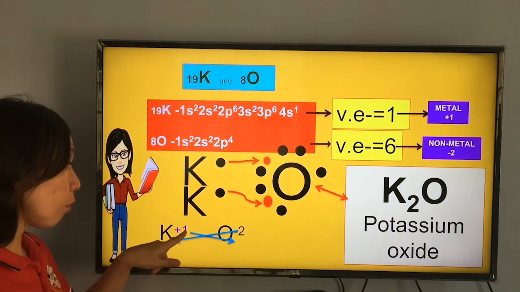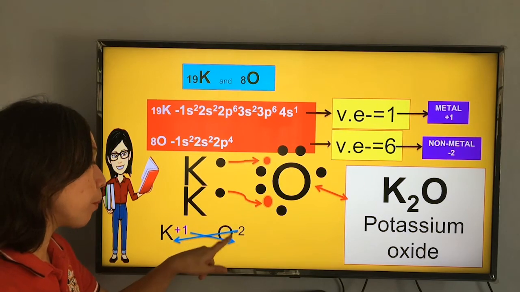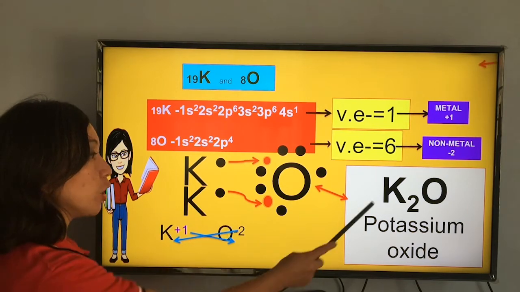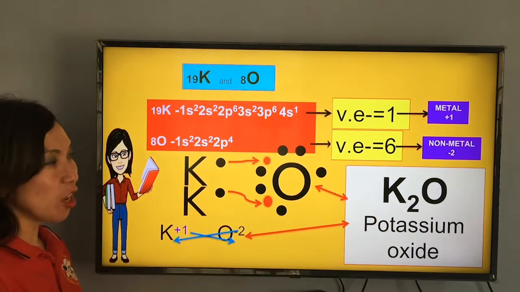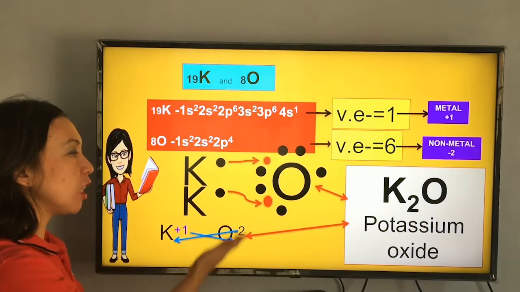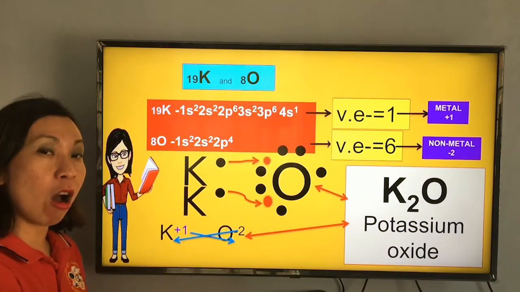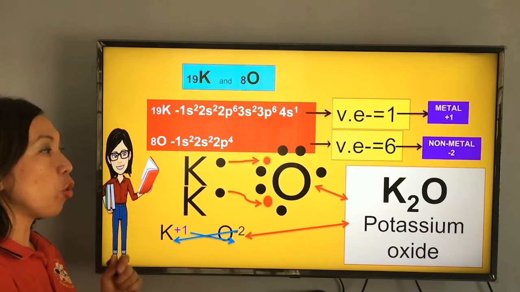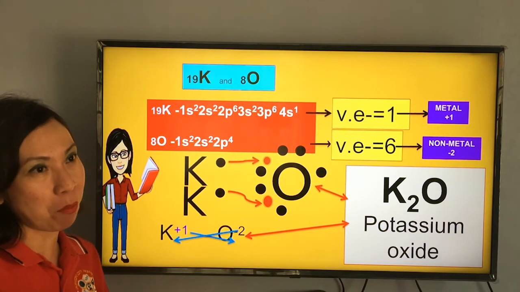And 1 here will be transferred here to become the subscript of oxygen. It is also the same as K2O. Okay? So, which method is easier to use? Up to you. Okay, guys? Kung anong gusto nyong method of doing it in order to arrive with the formula of the ionic compounds.